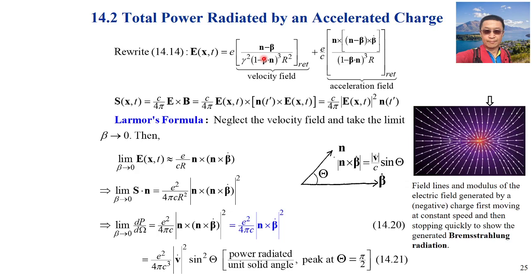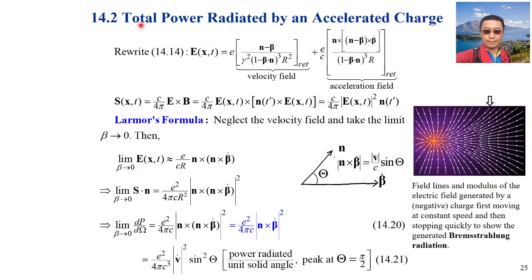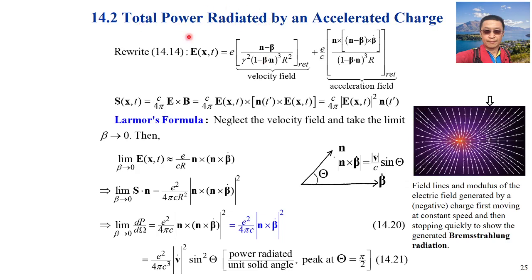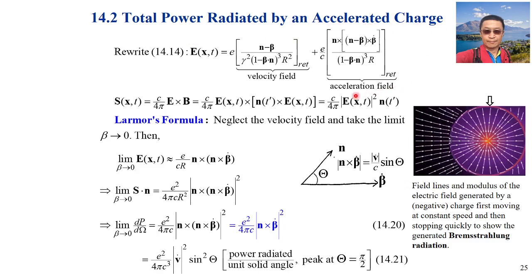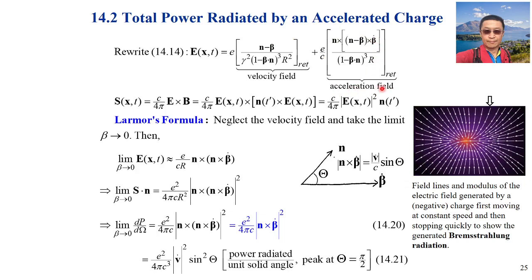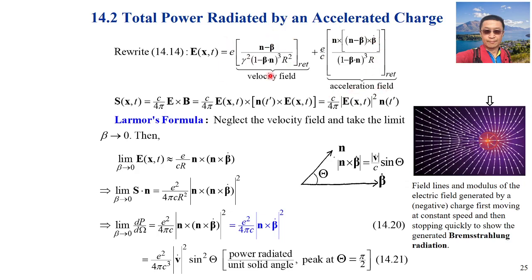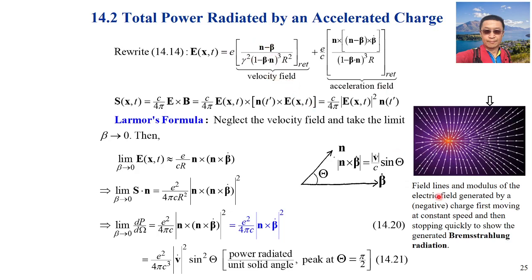Today, we will talk about total power radiated by an accelerated charge. So we will consider the acceleration field only, and we can skip this part. Okay? Here is an example.